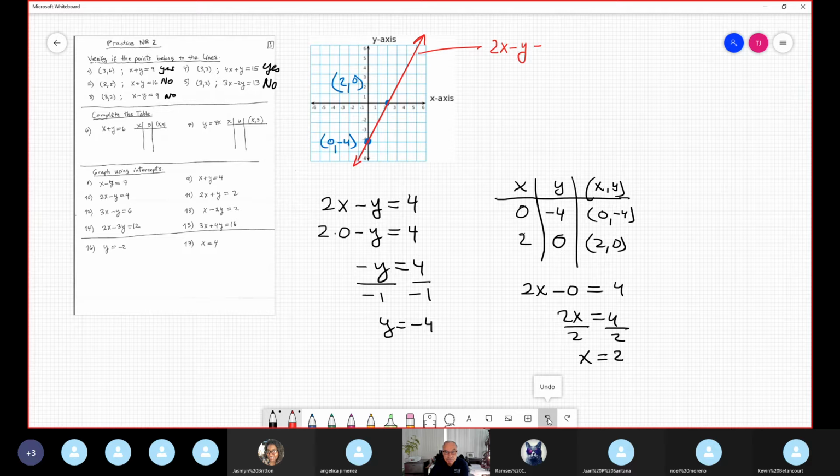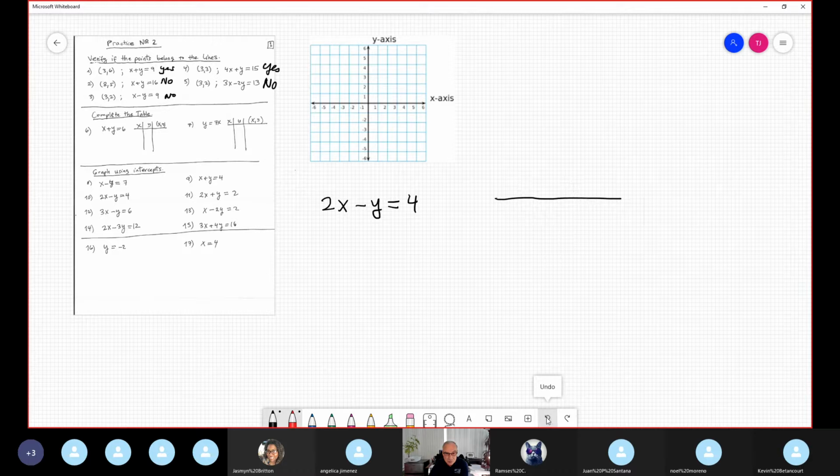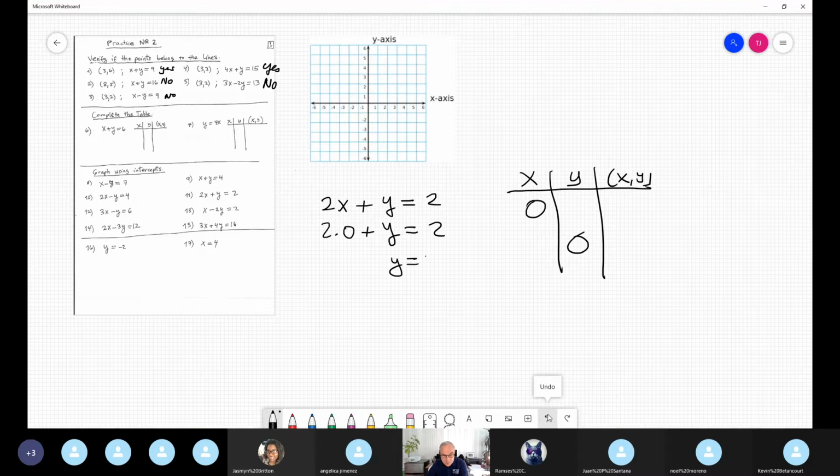Number 11. Number 11 is similar. Oh, no, not exactly the same because it's 2x plus y equal to 2. Table. For x equals 0: 2 times 0 plus y equal to 2, it's gone, y equal to 2.